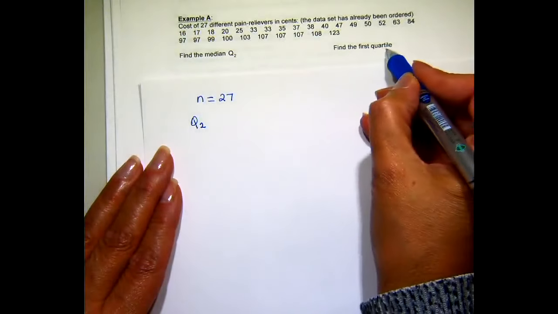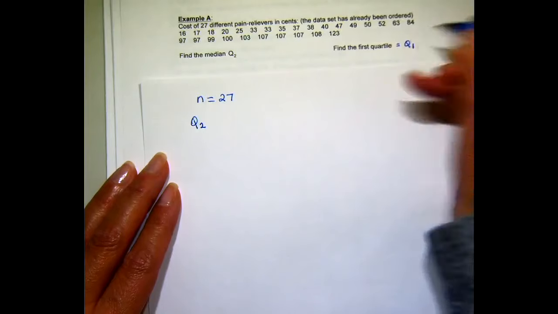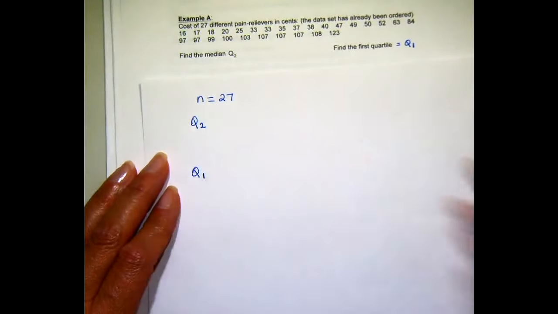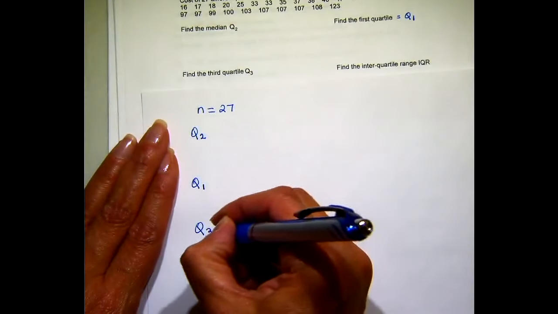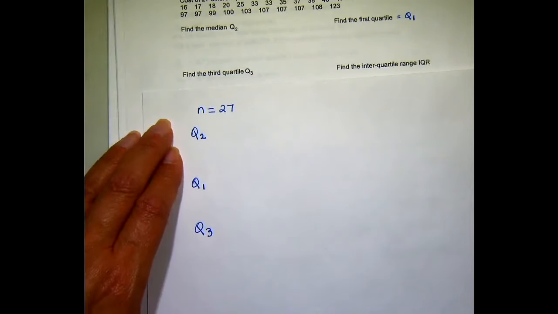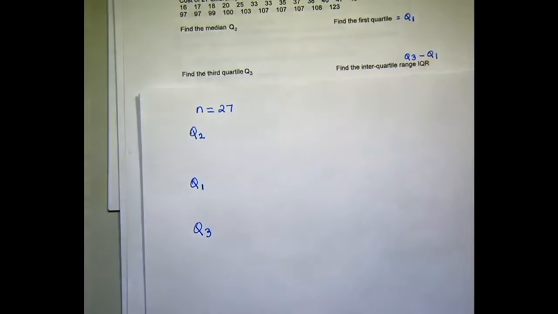And then it says, find the first quartile. That's Q1. And then it says find the third quartile, so that's Q3. And then lastly, find the interquartile range. That's Q3 minus Q1.